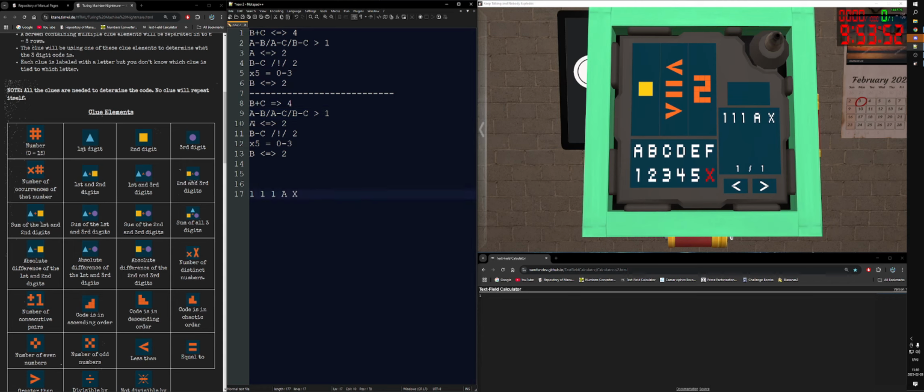Now we have alpha, the first value, less than, equal to, or more than 2. That would only result in false if either it was this or this. The fourth clue, B minus C, 0, is either divisible or not divisible by 2.